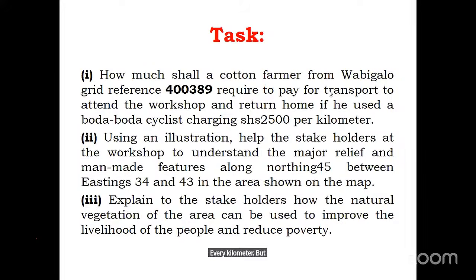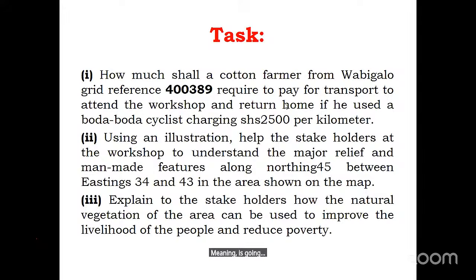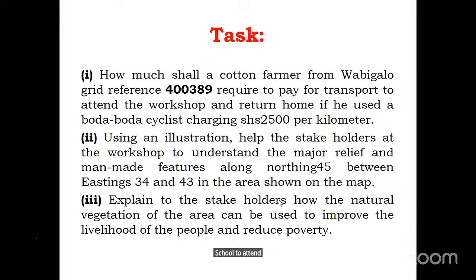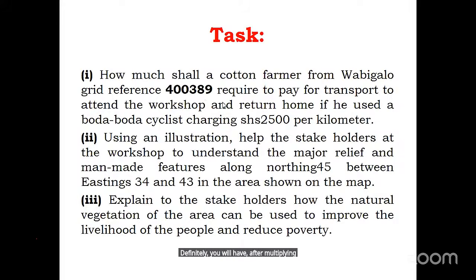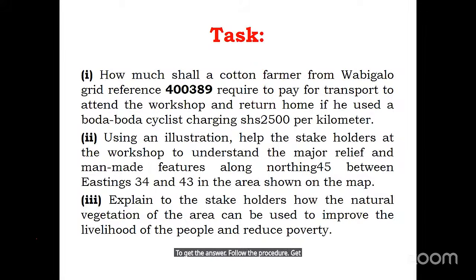But the task is saying to attend the workshop and return home, meaning the farmer is going to Wabinyonyi School to attend the workshop and will have to go back to Wabigalo. So after multiplying the kilometers by the unit cost per kilometer, you are going to multiply by 2 to get the answer. Follow the procedure. You get the distance, you indicate it on the map, on the paper. Multiply.